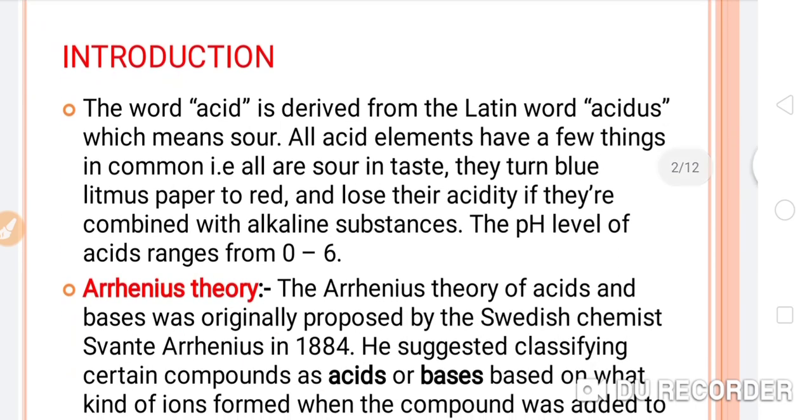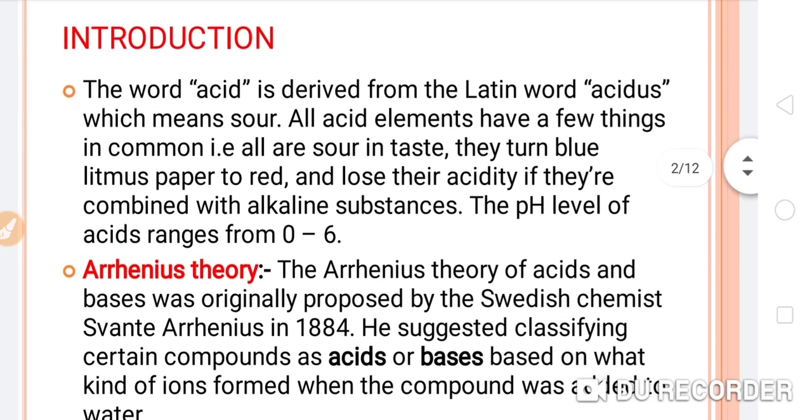With the introduction we are going to start this chapter. What is an acid? The word acid is derived from the Latin word acidus, which means sour. All acidic substances have a few things in common: all are sour in taste.